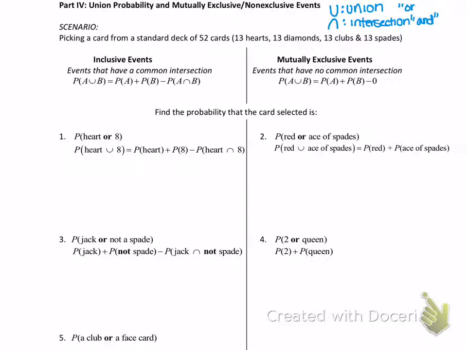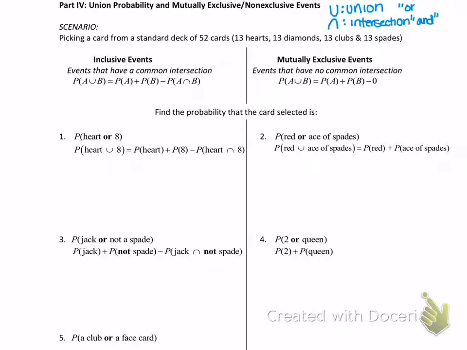Or you could have someone who lives in Maryland who doesn't go, or someone who doesn't live in Maryland that goes. So if you want to find the probability of a person who lives in Maryland and goes to College Park, you need to add both of those together, but then subtract the overlapping intersection parts. The reason you want to subtract it is because you don't want to count those same people who live in Maryland and go to College Park twice. So let's look at these examples.